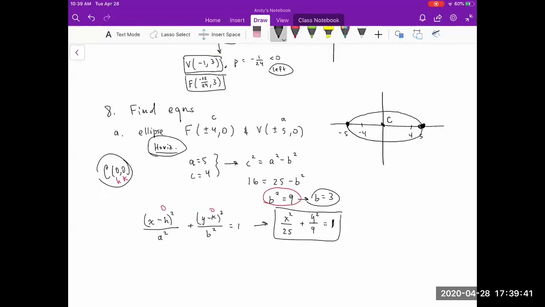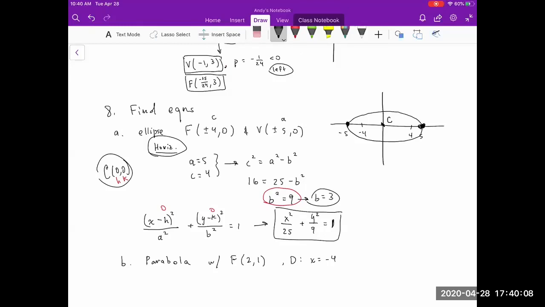And now moving on to part B. Part B gives us that it's a parabola. The focus of the parabola is 2, 1, and the directrix is the line x equals -4.